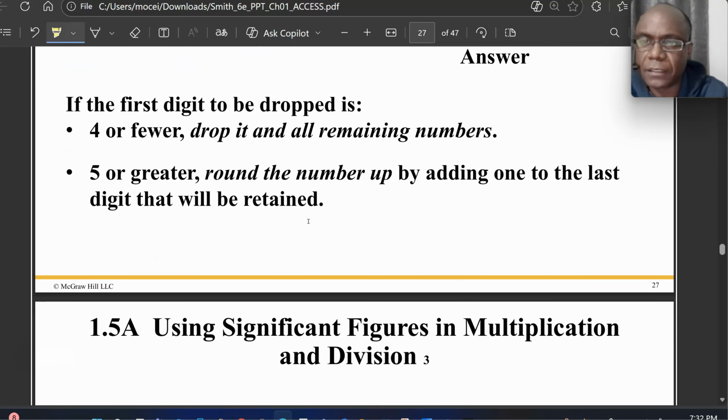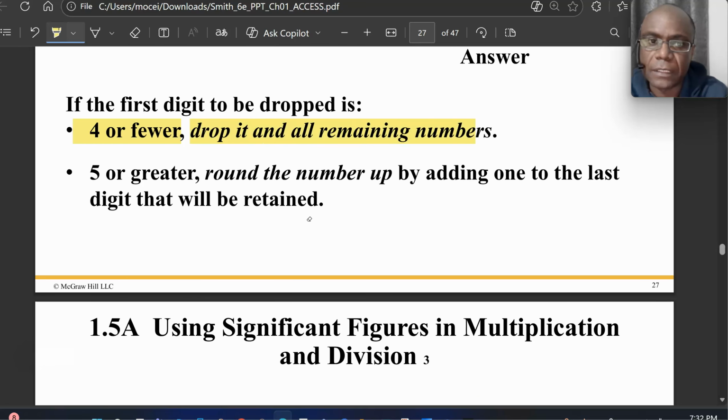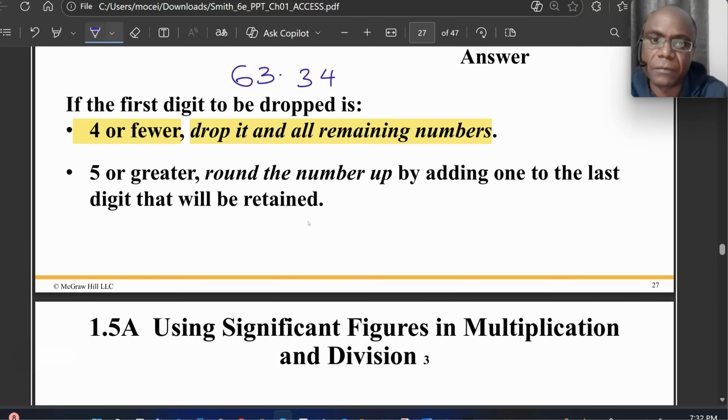So again, to remind you, if the first digit to be dropped is 4 or fewer, you drop it and drop all the remaining numbers. So assume we divided and got our answer to be something like this. If I'm to report to 2 significant figures, that's what I'm concerned with.